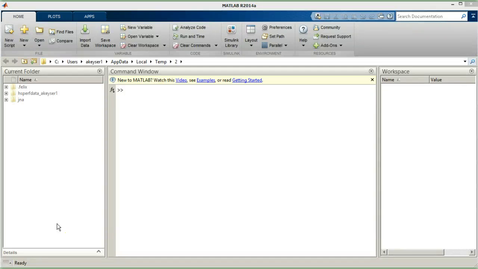Alright, so here's the MATLAB environment that you'll be using for differential equations, Math 246.